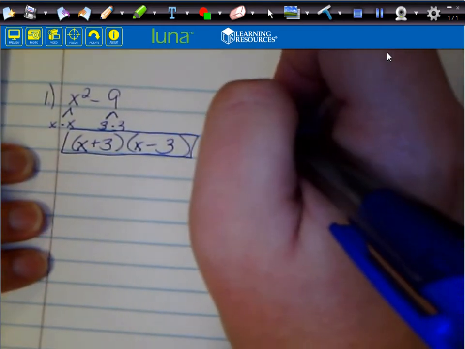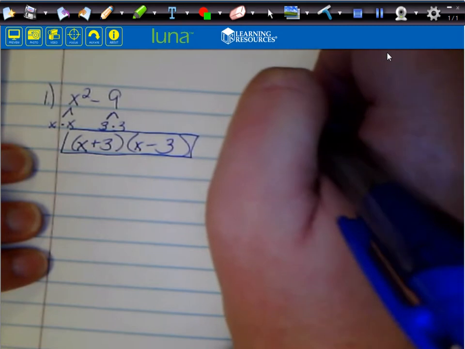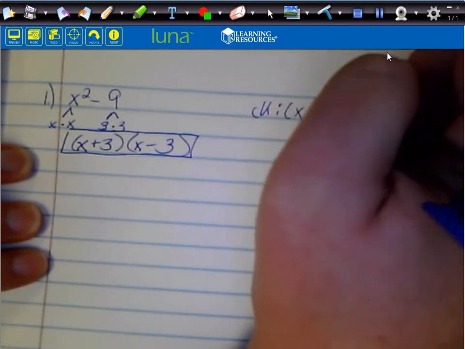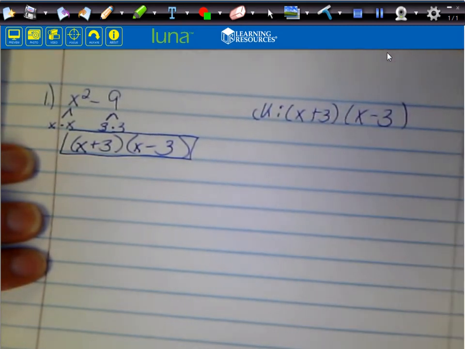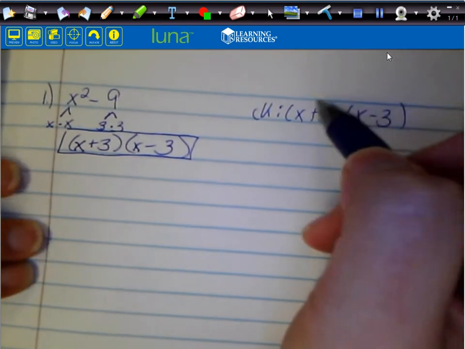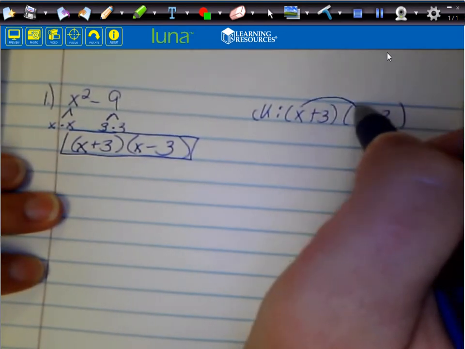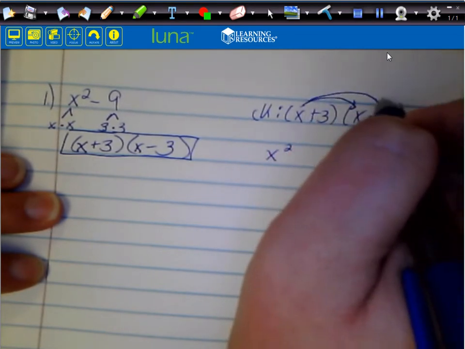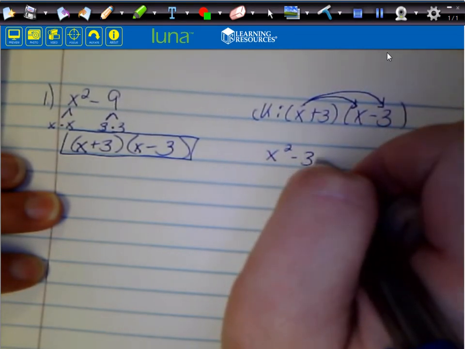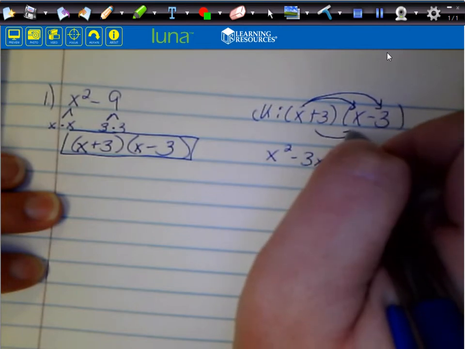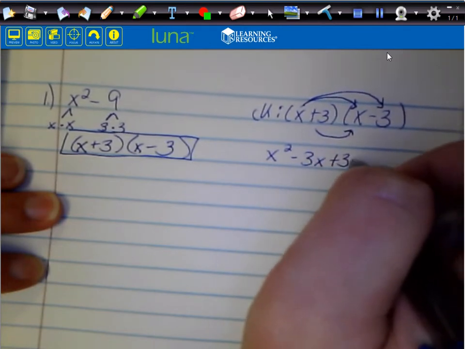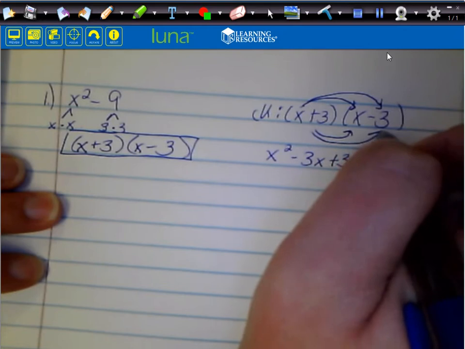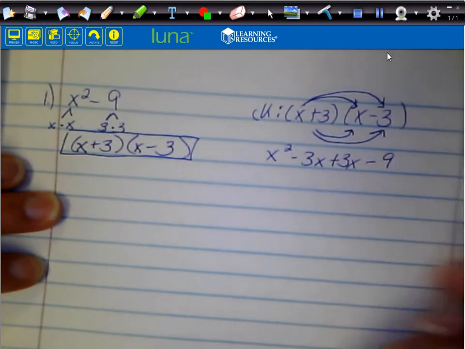Now we're going to go through and check it. And we won't check all of them, but I do want to check the first couple. Alright, so when I go to check this, I say x times x is x squared. And then I say x times negative 3 is negative 3x. Then I say 3 times x is 3x. And 3 times negative 3 is negative 9.